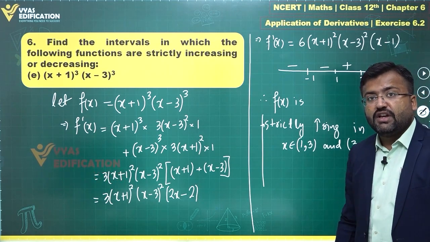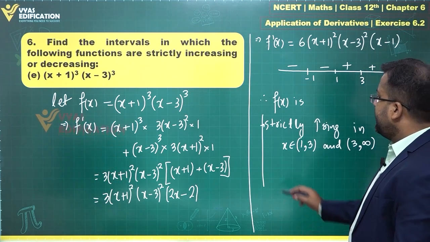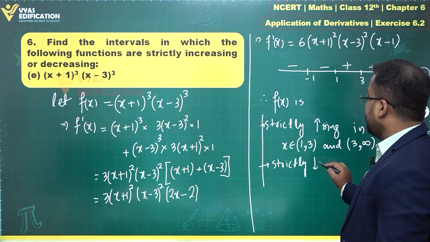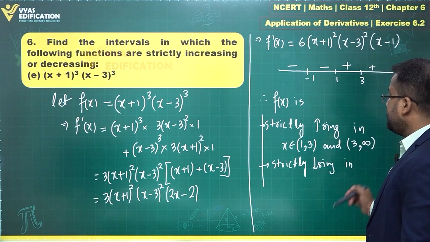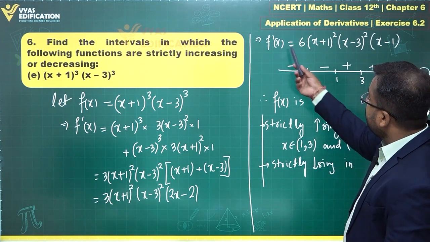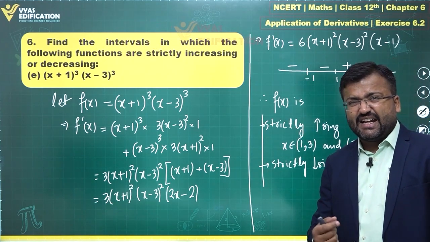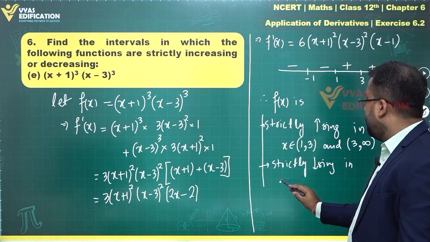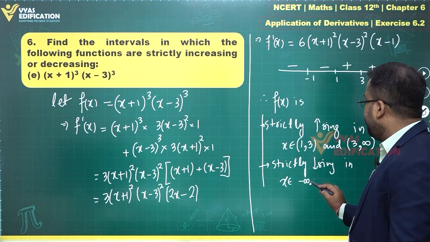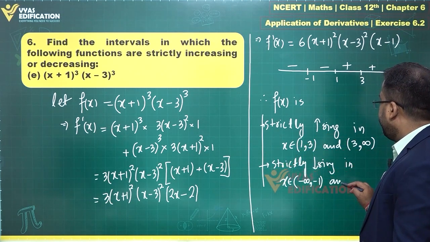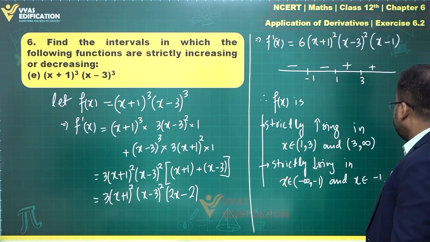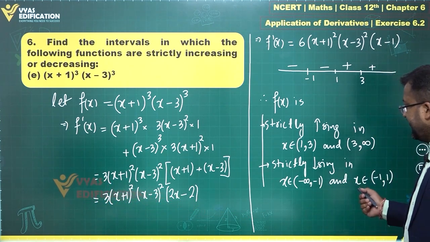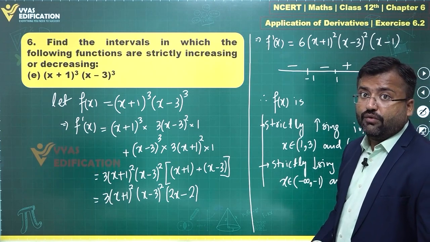This is what you observe, right? Is that okay? Yes. Next, you can say strictly decreasing in which interval? Strictly decreasing implies you will have to note where the sign of f prime x is negative. So you get the negative sign in this and this interval. Therefore, x belongs to (-infinity, -1) and x belongs to (-1, 1). Those are the intervals in which the function f(x) is strictly decreasing. That's what you can note over here.